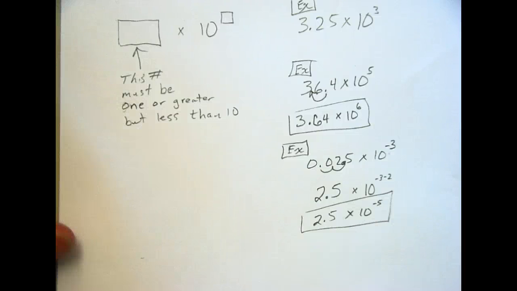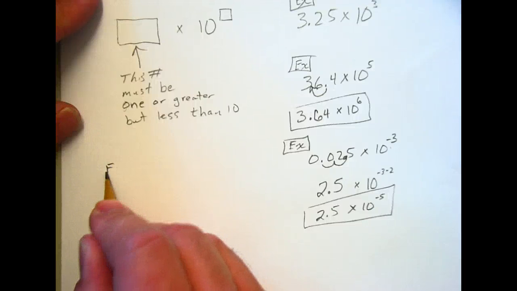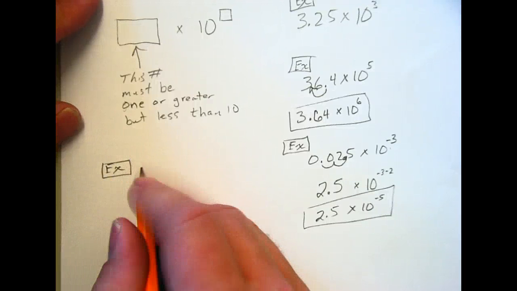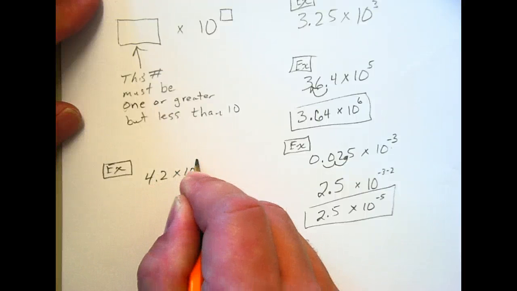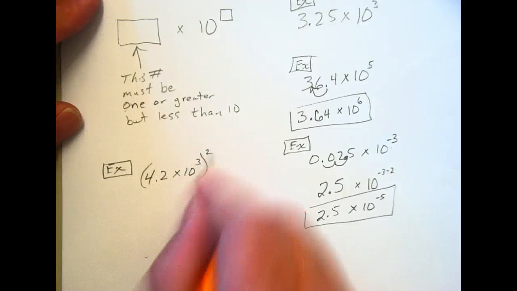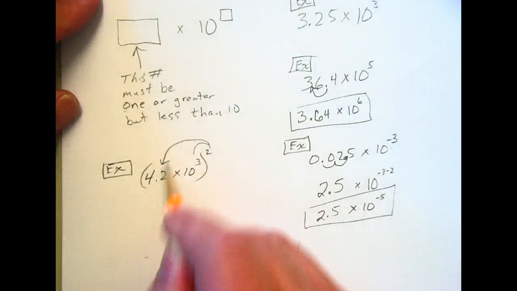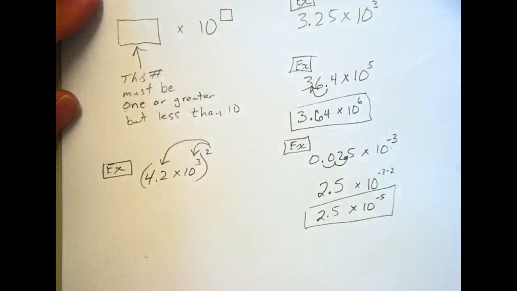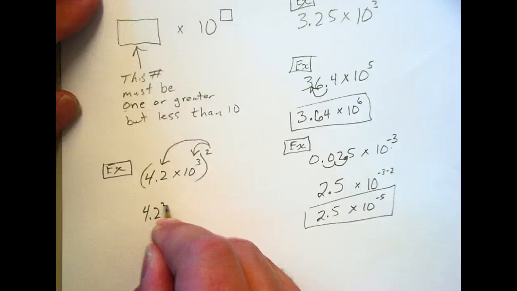Okay, 2 other real quick examples we had. If you had a problem that looked, say, like this, where 4.2 times 10 to the third all squared, you bring that into each part. So you get 4.2 squared. I have no idea what that is.